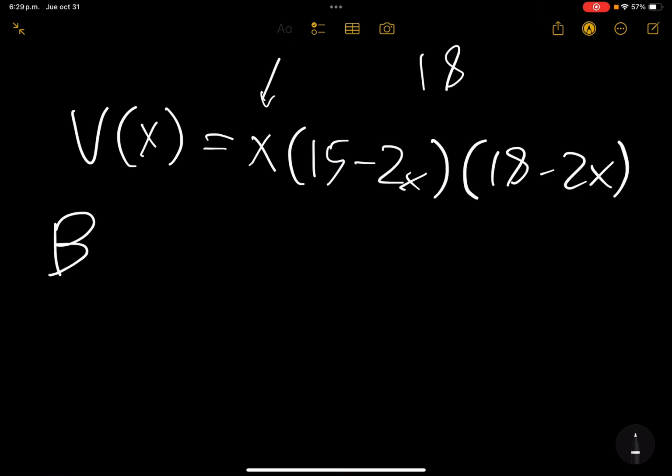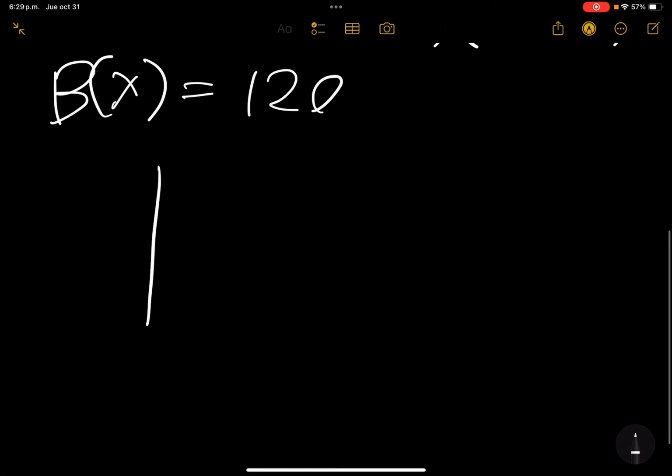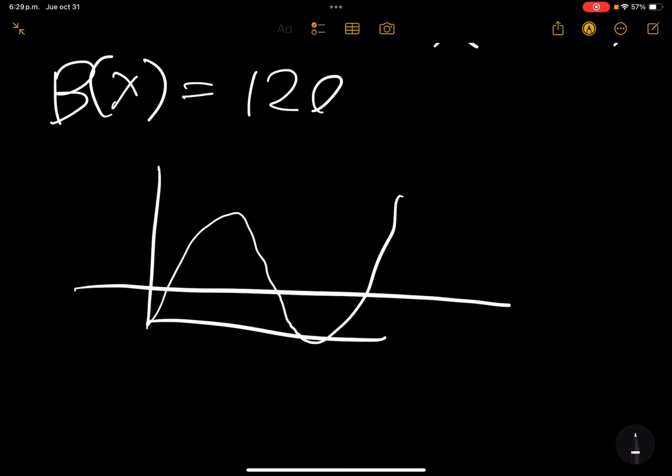He then said he graphs that along with a function of b of x equals 120. Now, b of x equals 120, that did come out of nowhere. There is no explanation for what that necessarily is. So this is b of x. And then this red curving line in the problem is v of x.